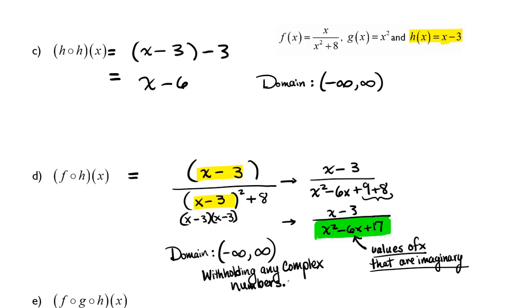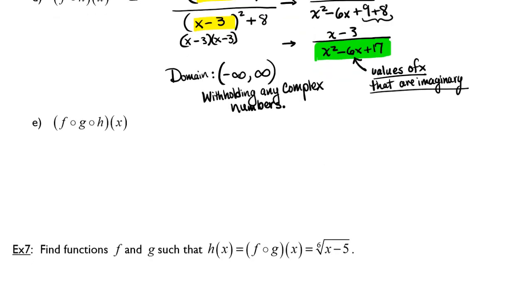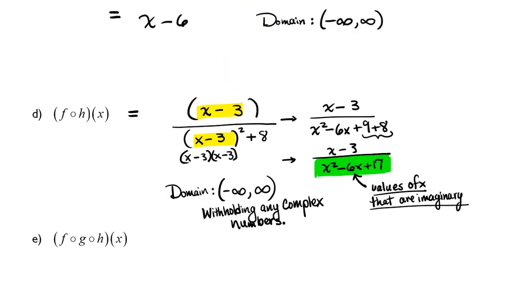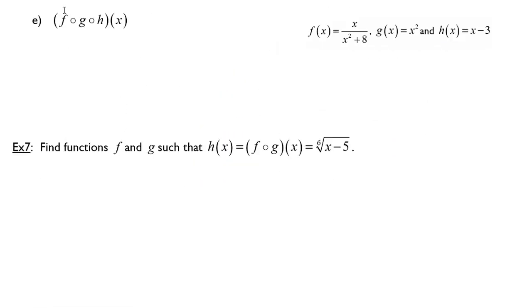Let's take a look at f of g of h of x. It just keeps getting more intense the further along you go. Start with our outermost function because it's easiest to work from the outside in, shell-wise, and so my outer shell is f of x. So I'm going to write f of x with open spaces wherever I had x's.